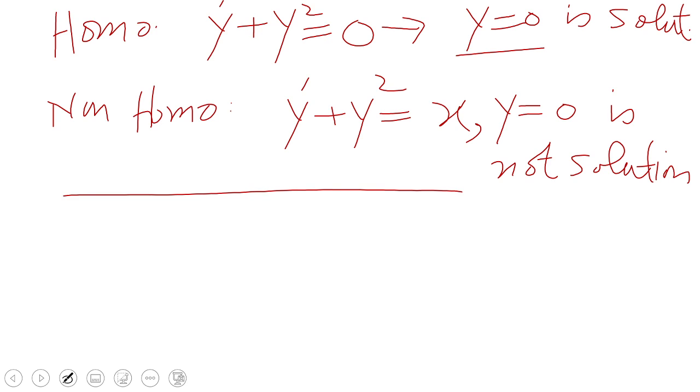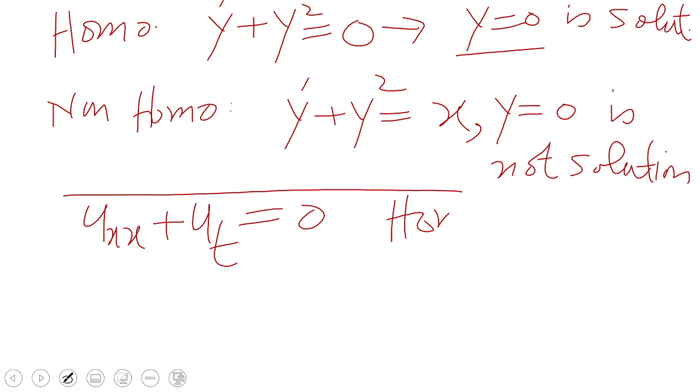Okay, so that is the homogeneity and non-homogeneity concept in differential equations, and it also applies to PDEs. Let me take u_xx plus u_t equal to 0. This is homogeneous because u equal to 0 is a solution.